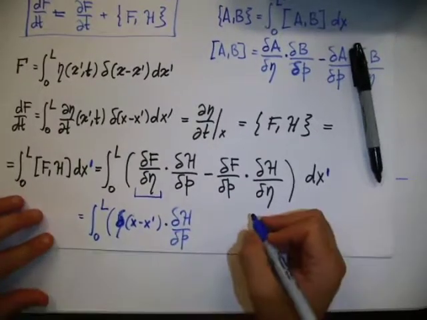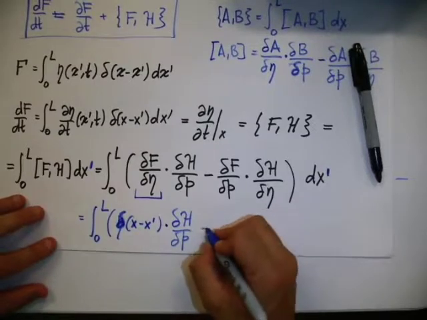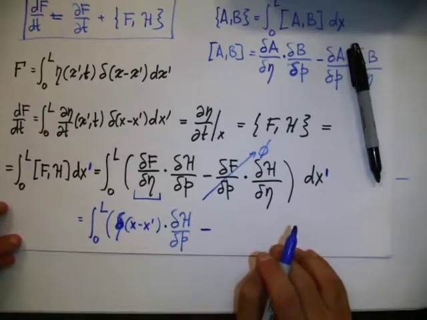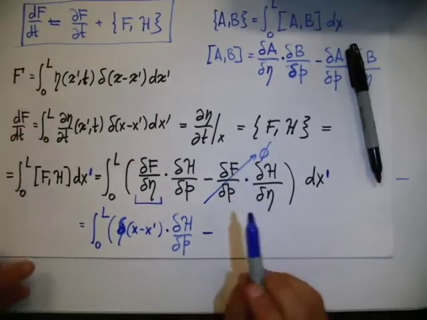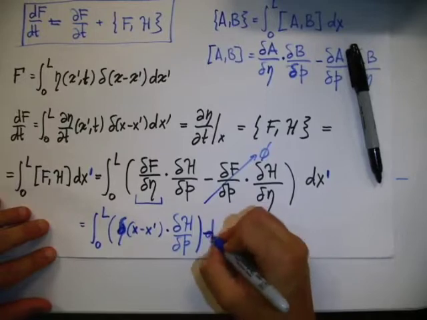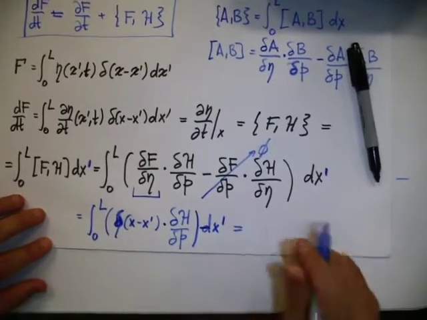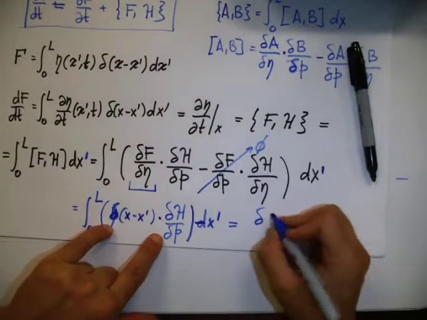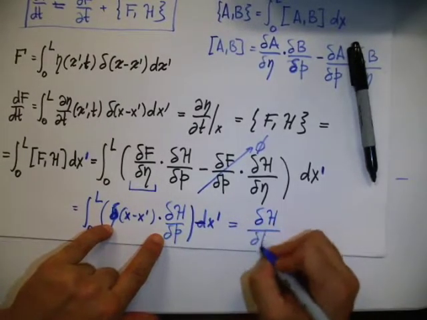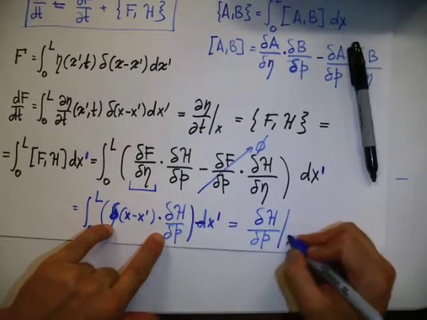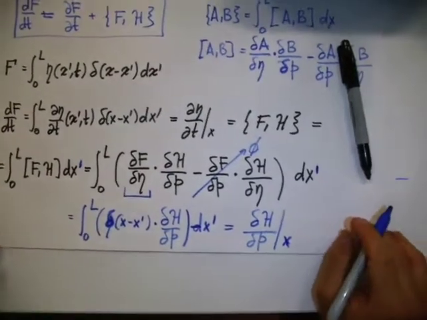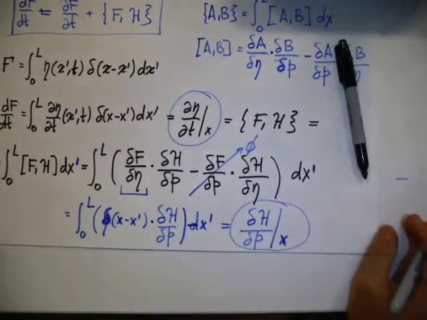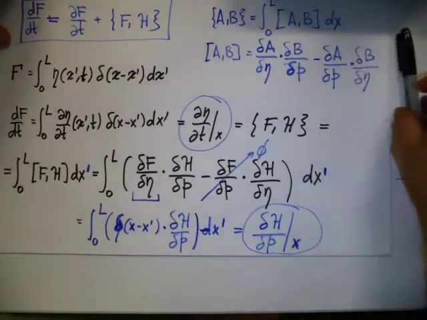Minus, the other term doesn't show up, since there is no dependence of f on p, so we're done. Now I apply the localization property of the delta. This is going to be equal to the variational derivative of h with respect to p computed at x. And so this is the first Hamiltonian equation, for eta dt.